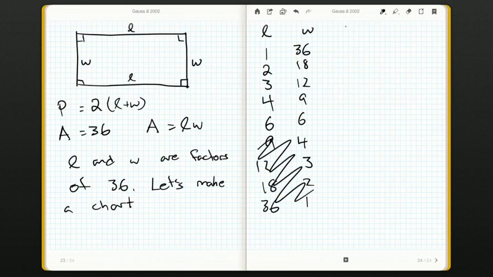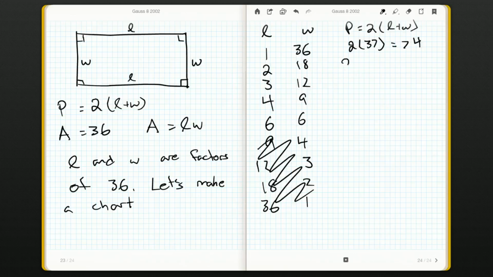Now what's our perimeter? Our perimeter is 2 times (L plus W). So we start calculating. 1 plus 36, that's L plus W, so that's 37. 2 times 37 is 74. That's a pretty good perimeter.